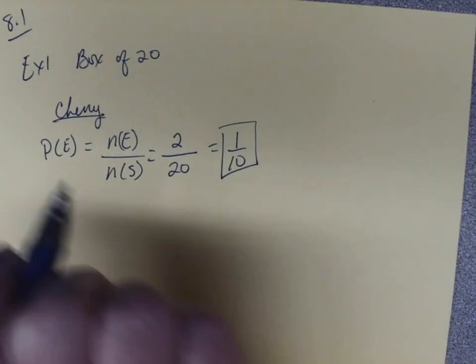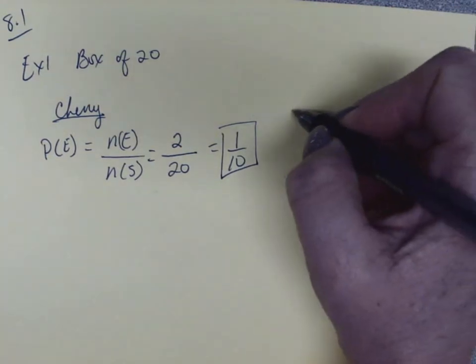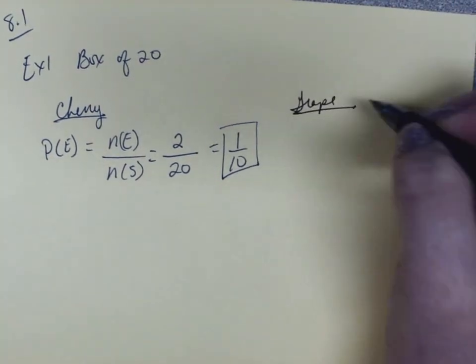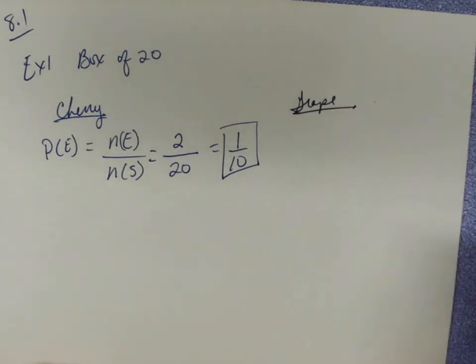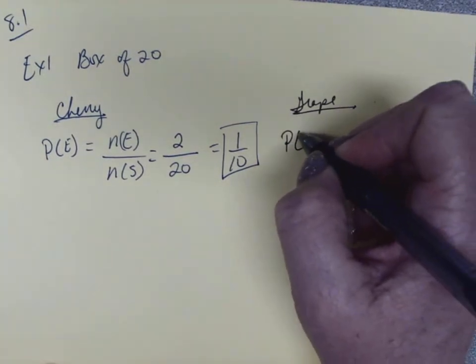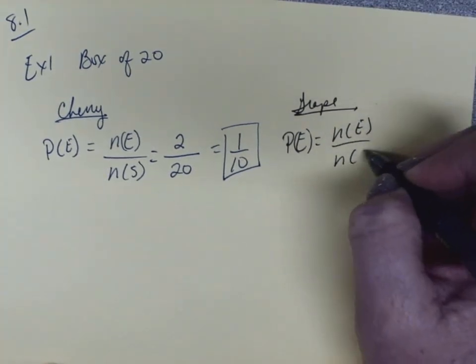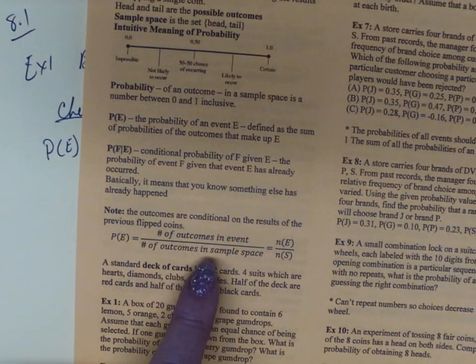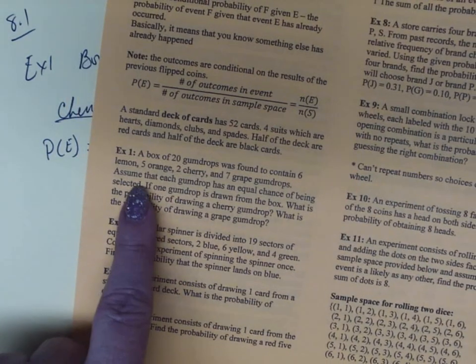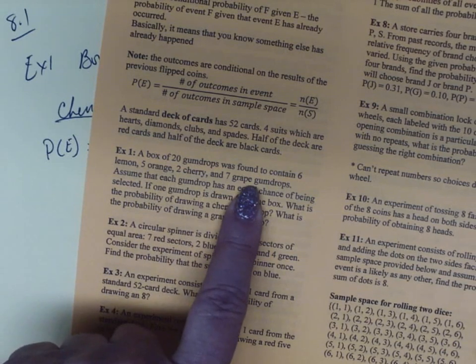All right, let's look at another question. The second one is the probability of drawing a grape. For drawing a grape, we are doing the same thing. We've got the probability of E equal to the N of E over the N of S. Now in our problem, to draw a grape, we had 7 grape gumdrops.